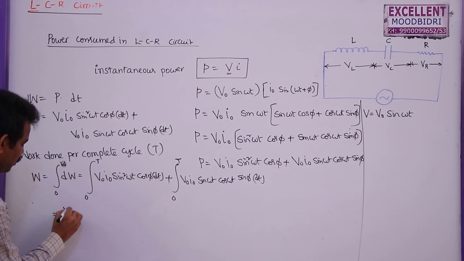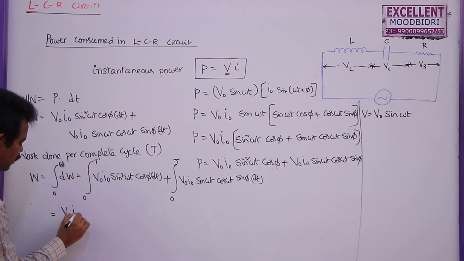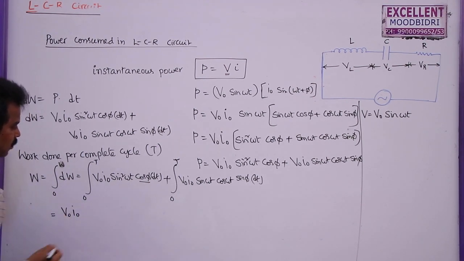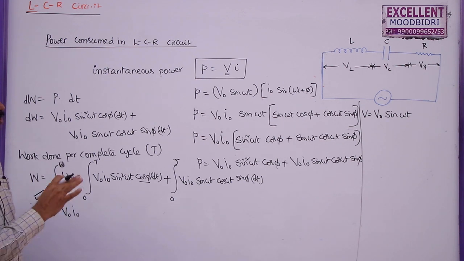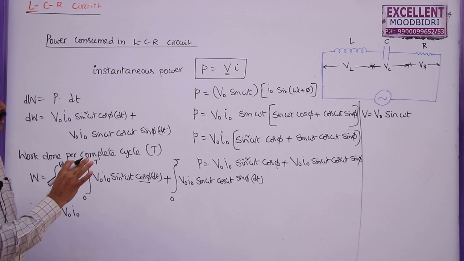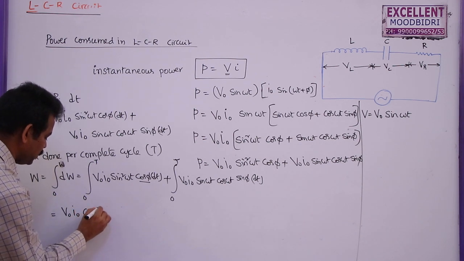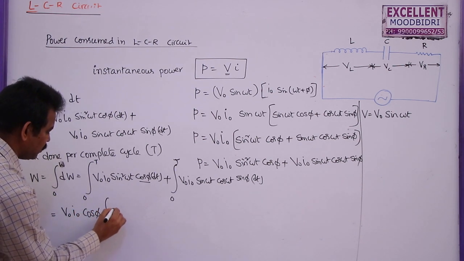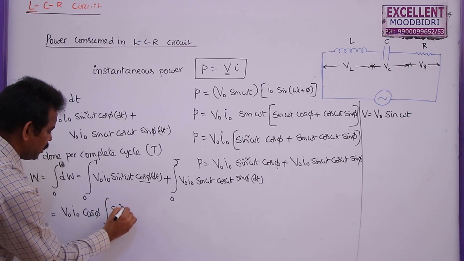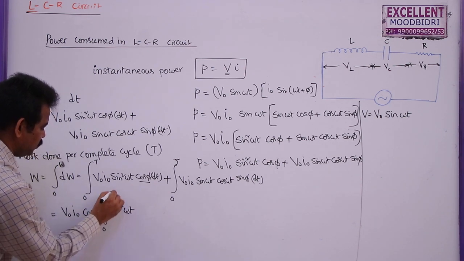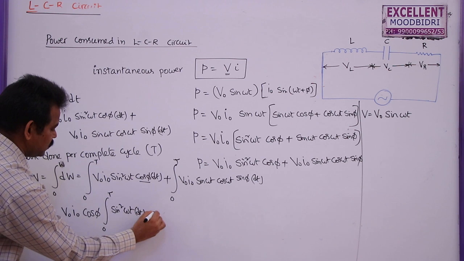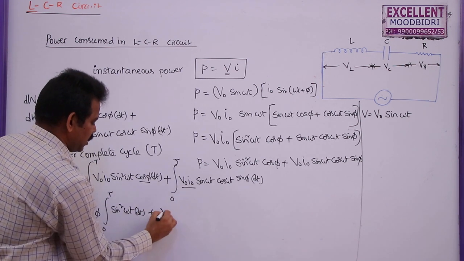As this V0 is common and I0 is common, and cos phi, the phase angle between voltage and current, is also common, as it is XL minus XC by R, bring this cos phi outside. The remaining term is the first term, sin square omega t, integral from 0 to T, dt. In the second term, V0 I0 are common.